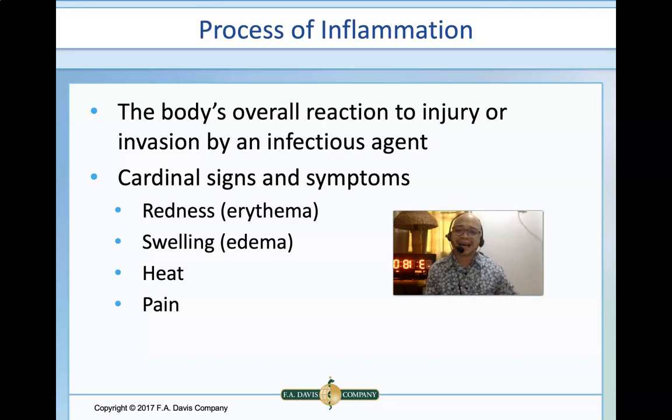So we react by redness, erythema, swelling, heat, and pain. These are the cardinal signs of inflammation. In Latin, redness is rubor, swelling is tumor, heat is calor, and pain is dolor.